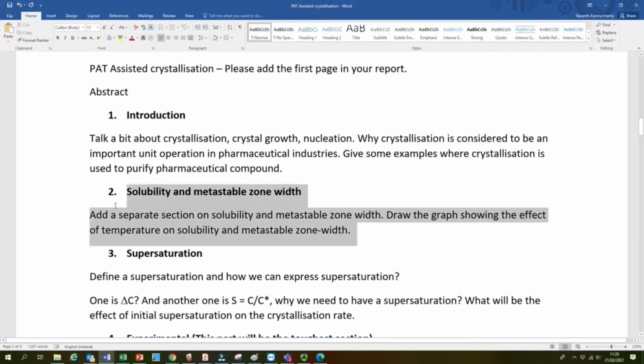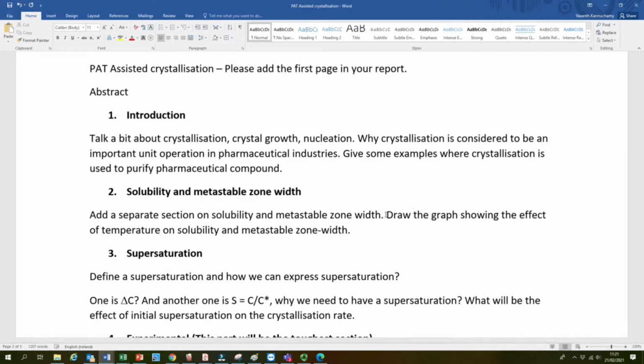You must add this section, and wherever you think it is a good place to explain a particular section with 1 or 2 more figures, just include the figure. That will make my job easy, so I can understand where you are going in your lab report.